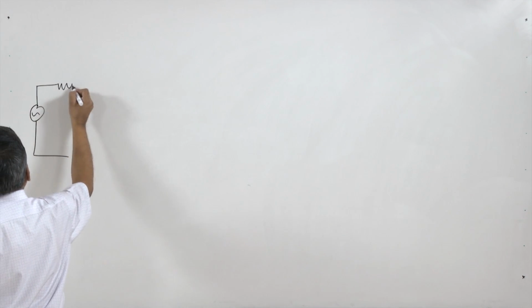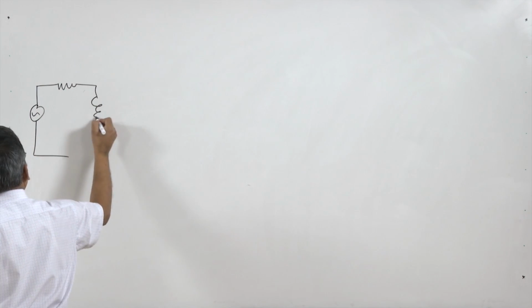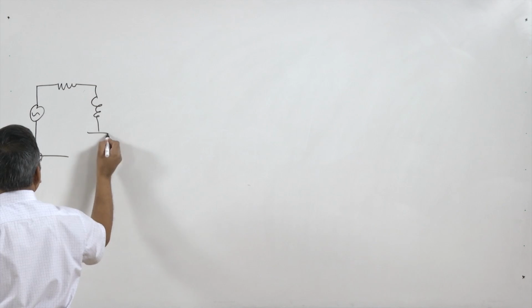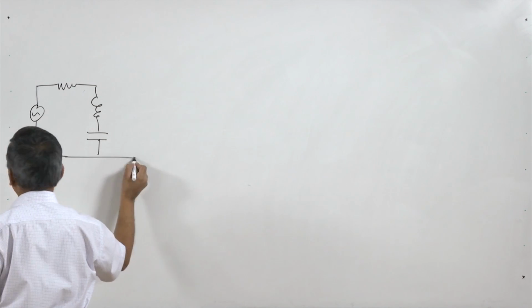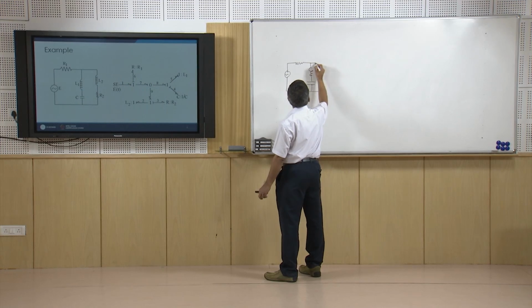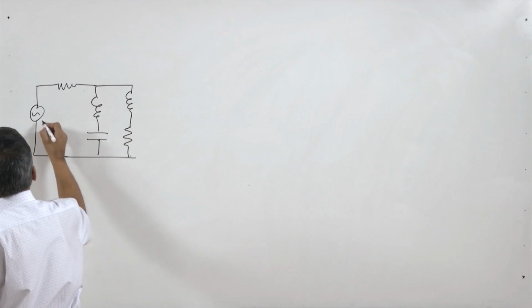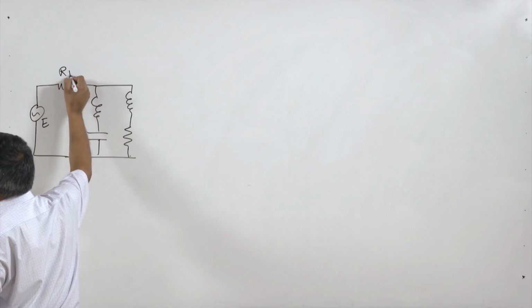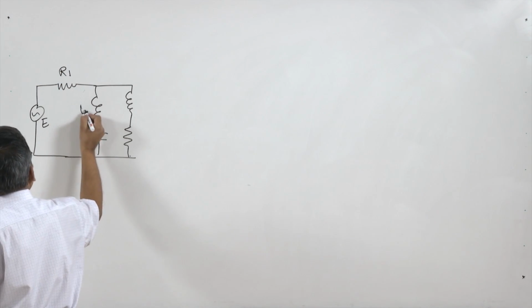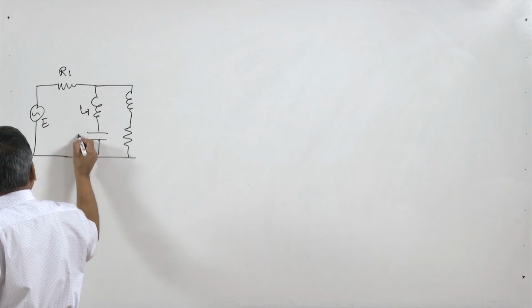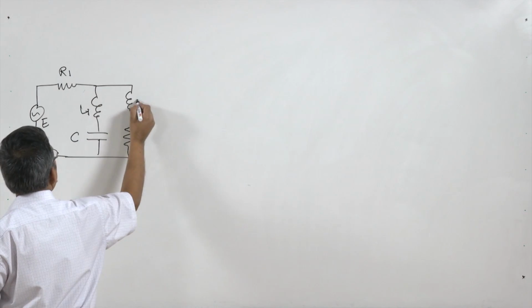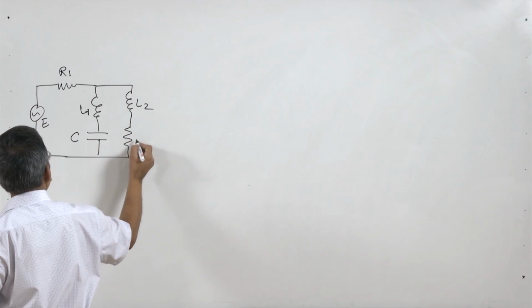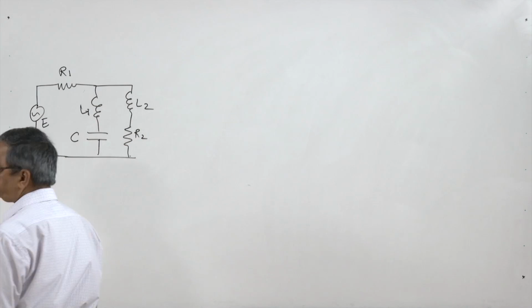So, we have a resistance here, an inductor, then there is a capacitor, and again an inductor, and say there is a resistor. Okay. So, this is voltage source E, we have resistance R1 and inductor L1, capacitance C and inductance L2 and the resistance R2.